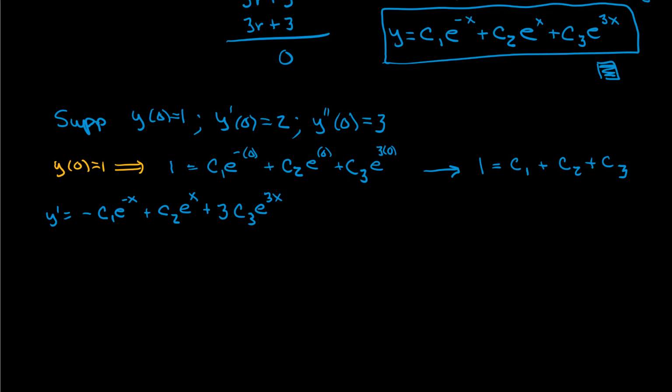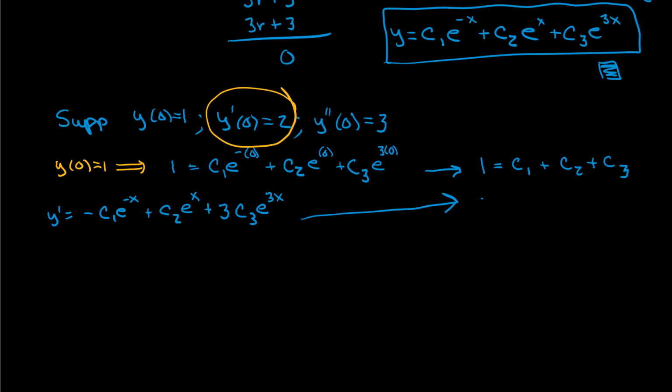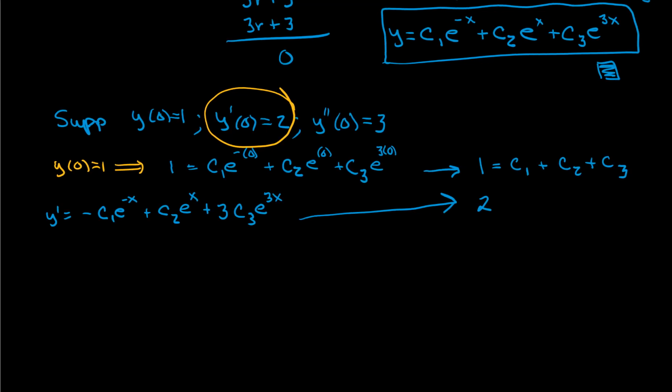Now that we have that, this allows us to substitute in the information from the first derivative on our initial value, and it tells us our y value is 2 when x is 0. Now, I go back over to my derivative, and I'm going to substitute in 0 for the x values.